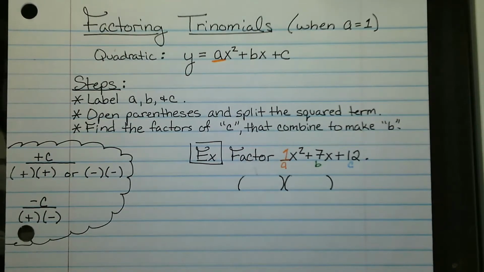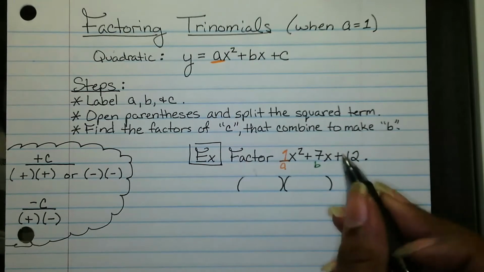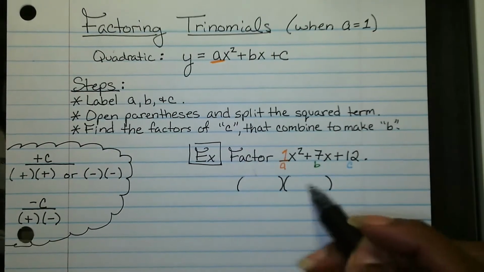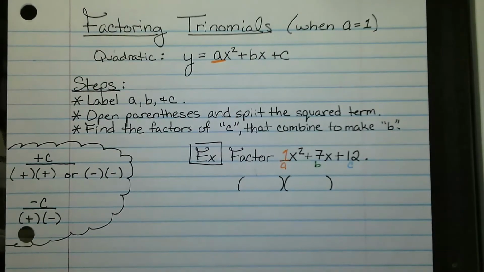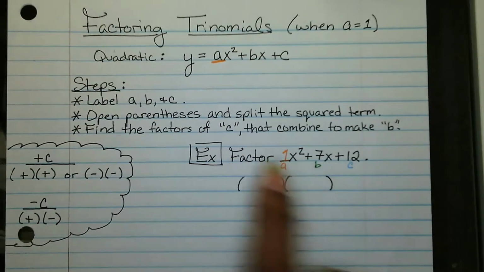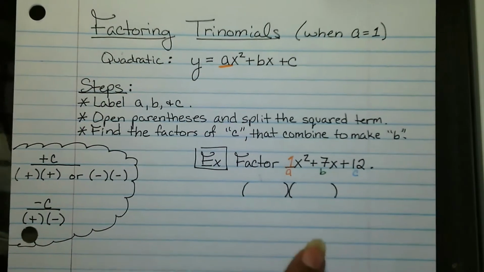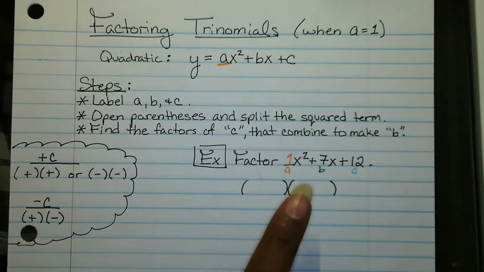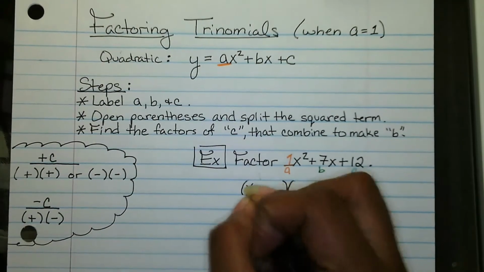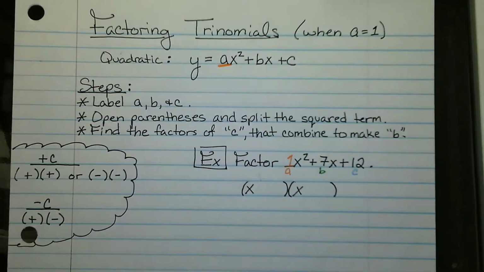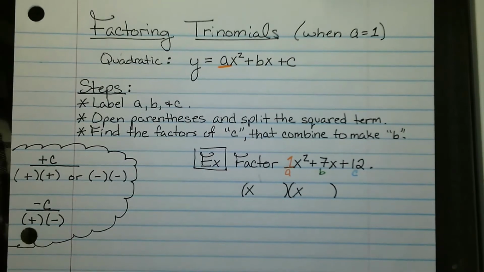So working backwards, you have a quadratic and you want to break it down, it will give you two linears. Okay, so our first thing is to split the squared term. The only way to make x squared is x times x. So we're going to split that.